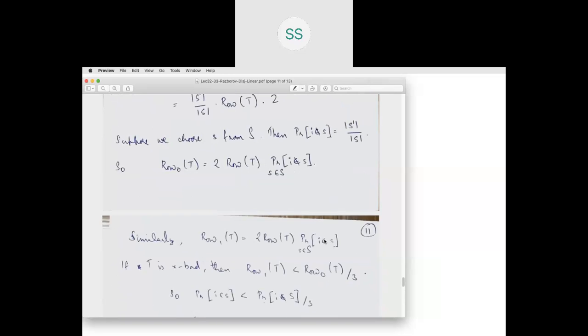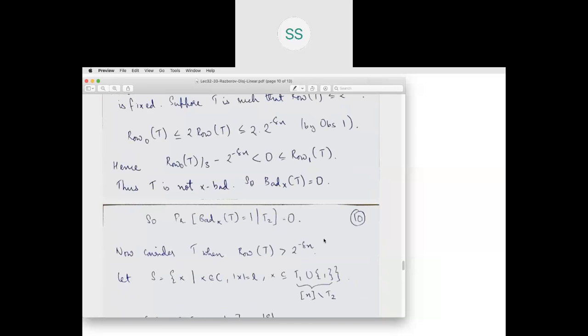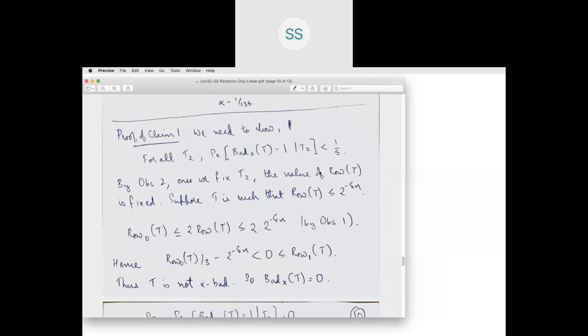Okay, so let me recap the proof again. For rho t less than 2 power minus delta n, it was easy to see.